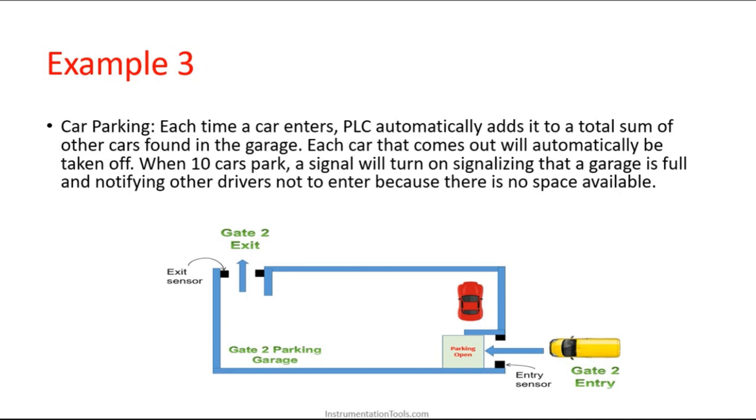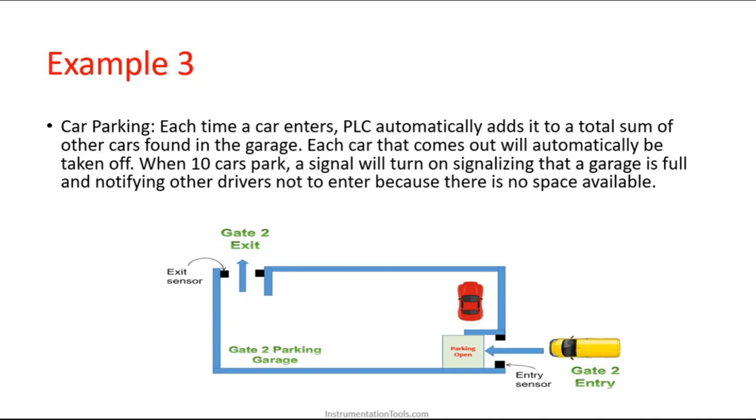So there is an occupancy of only 10 cars. So every time a car enters the parking slot, we are counting how many cars have entered. Suppose if the parking is full, how can the driver who is entering get to know? So we can use this kind of automation in this place, right? So that we can restrict the entry.